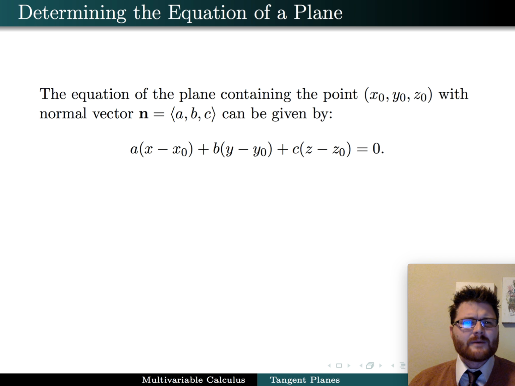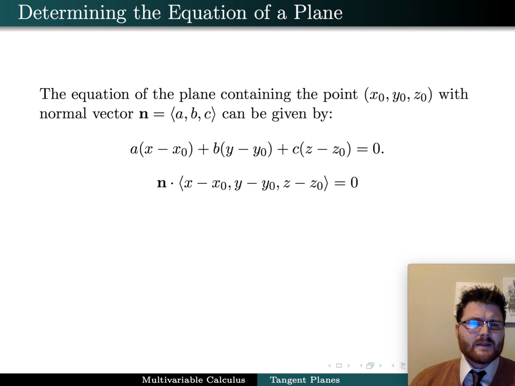Because what do we need to come up with the equation of a plane? Well, if you remember from back at the beginning of the course, what we needed was the coordinates of the point that we want the plane to go through, and a normal vector, a vector that's normal to that plane. And if I've got a normal vector and a point, we can write down the equation of the plane. Really, that is just the normal vector dotted with a vector that's in that plane.